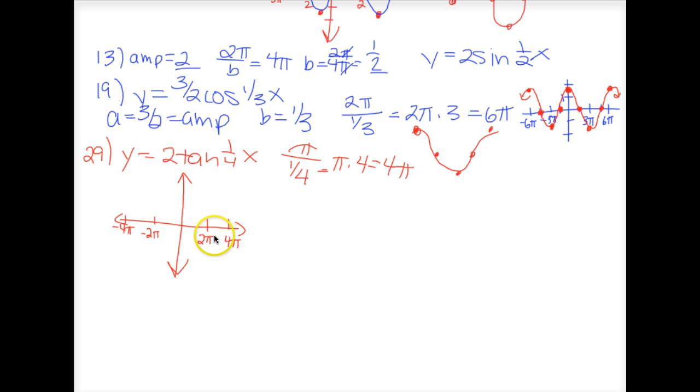Now, tangent graphs start on the midline, and they have a dot, then an asymptote, then a dot, asymptote, dot. Now, this A comes into play by making it thinner. So normally at the halfway point, remember we made our parent graph at the halfway, its value was 1. Because this has a vertical stretch, its value at the halfway is 2.